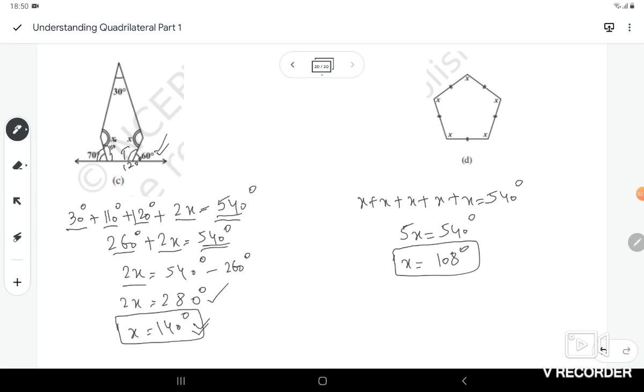140 degrees. Now moving on to the last part of question number 6 and the last question of this video. Now we can clearly see from the figure that the sides are given as x, that is, the sides are equal, so the angles would also be equal.